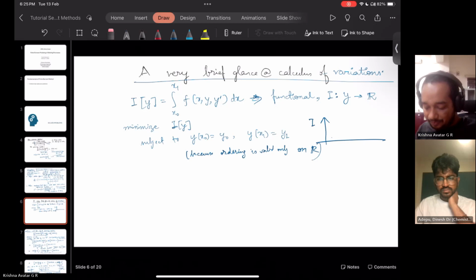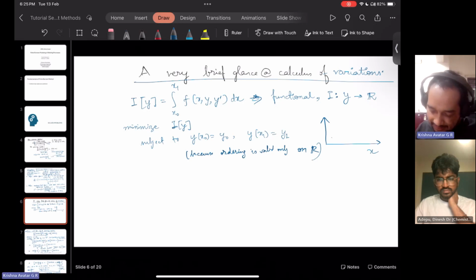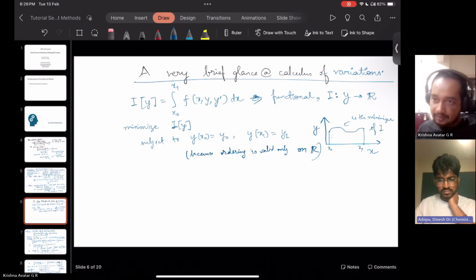Just imagine that we have x and then y. Say this function, from x naught to x1, is the minimum, just for the sake that this is a minimizer.